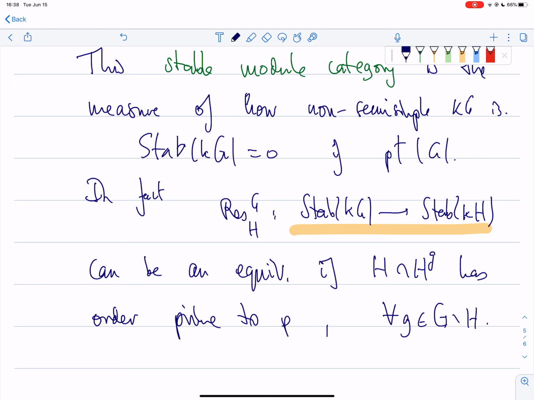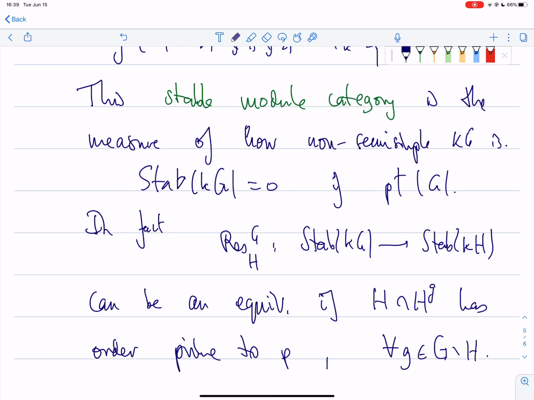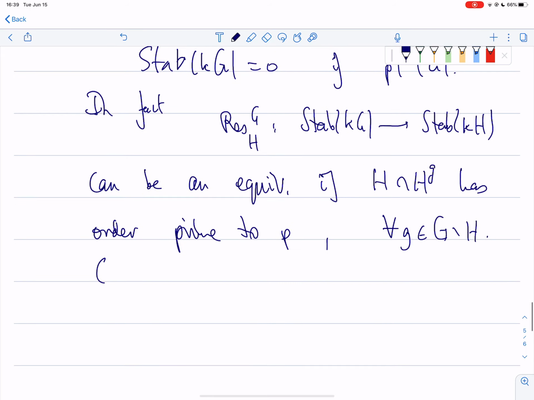So the logic is slightly different here. We don't have to worry too much. If you want an example of that, this happens for p equals 2 and G equals S3, the symmetric group on 3 letters, and H either of the two Sylow 2-subgroups.